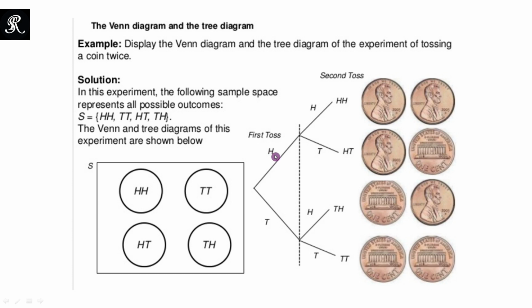If we already got H on the top face, and if we flip the coin again, maybe we get again an H or T. There is again a 50-50% chance of a head or tail on the coin where we already got an H. So that's why here we have two branches of the tree, and again here we have two branches. And if we toss again, there is again a possibility that you'll get a head or tail. I hope you are getting the point.